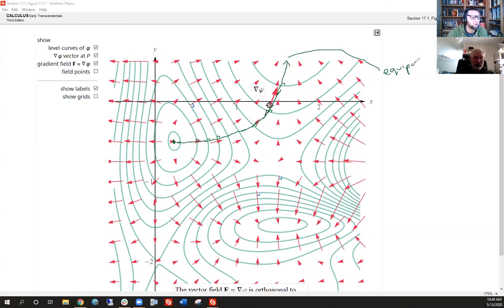And the key with the equipotential curve is it's just going with the gradient field, which is always perpendicular to the level curves. But it's basically saying, what would the flow do if you followed that gradient field? Make sense?